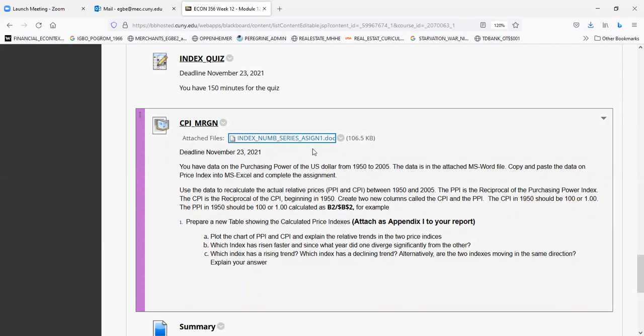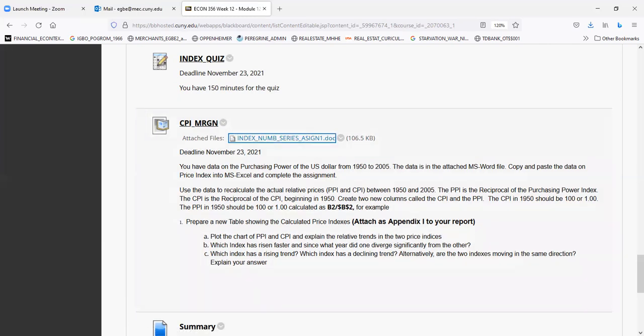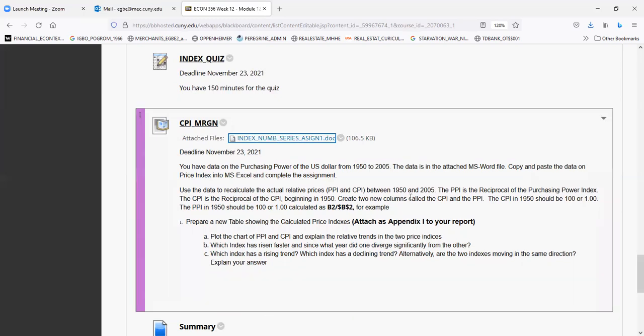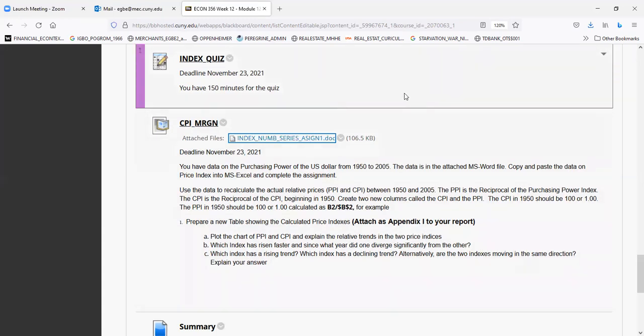So you download this file here and you get your information. So what I'm going to do is stop sharing the blackboard and pull up an Excel file.